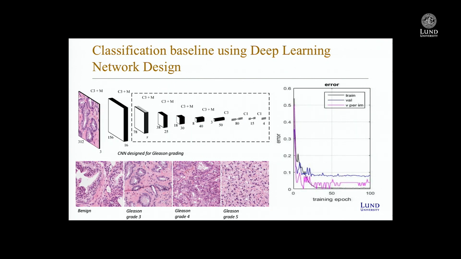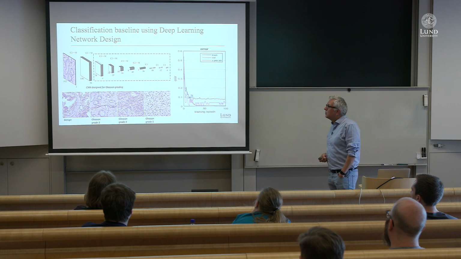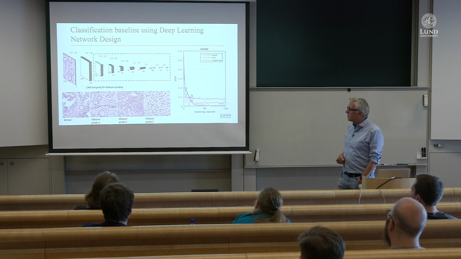If the first one is highest, then you say it's benign. If the second one is highest, then you say it's Gleason grade 3. And then you try to optimize all of these parameters so that you get as good precision as possible on your testing set.